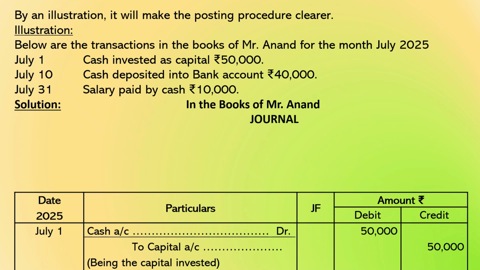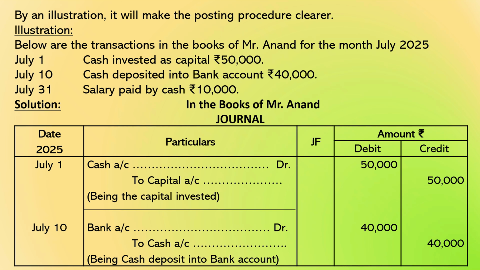Here, the journal entries are: 1. On 1st July, cash account debtor to capital account with the narration being the capital invested and amount rupees 50,000. 2.